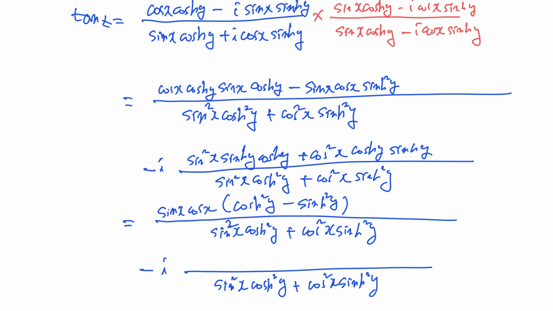And we have i times sine hyperbolic y cosine hyperbolic y times sine square x plus cosine square x. What is cosine hyperbolic square y minus sine hyperbolic square y? You should be able to remember that it's 1.